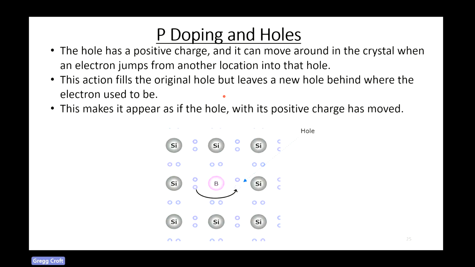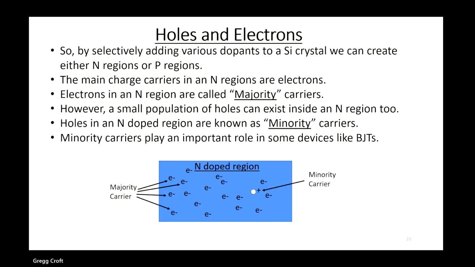The hole doesn't actually move, but it appears to move because an electron pops out of one location and jumps to fill that location, leaving a hole behind. So it looks like the hole moved. It was really the electron doing the moving.